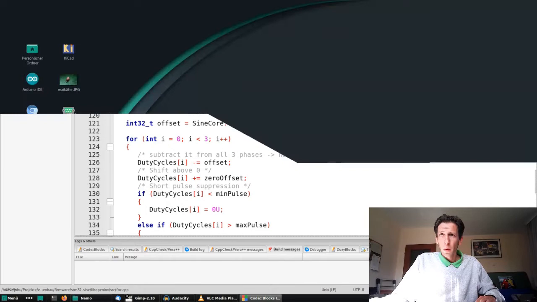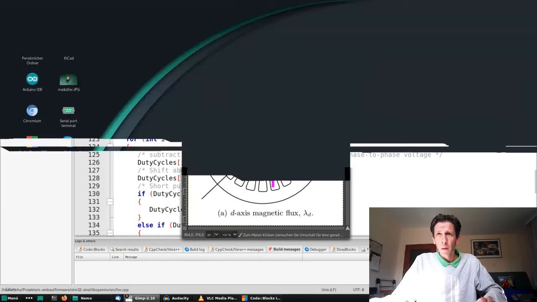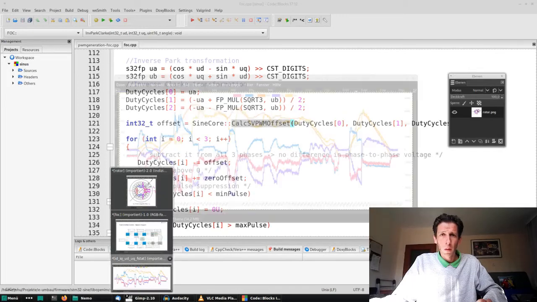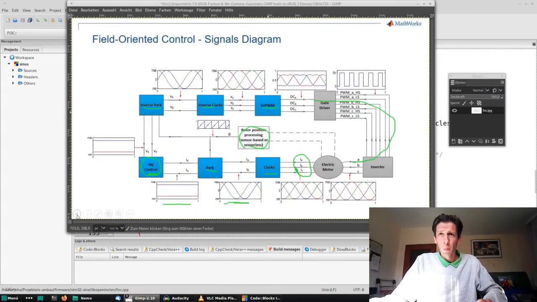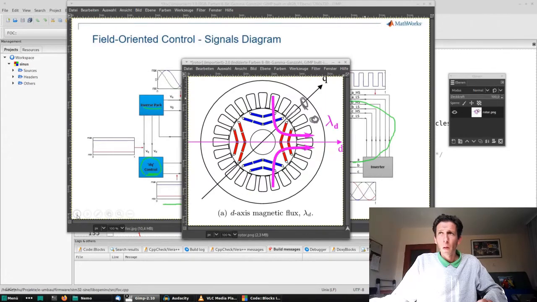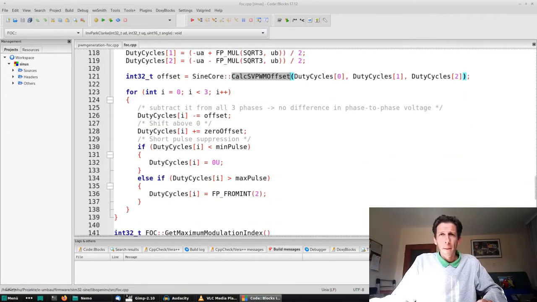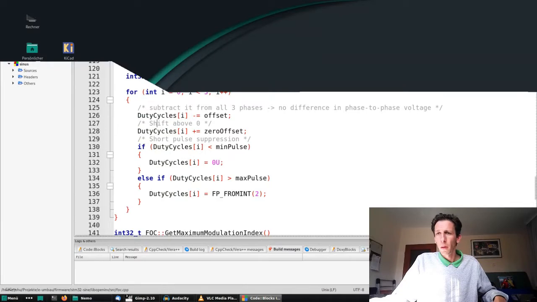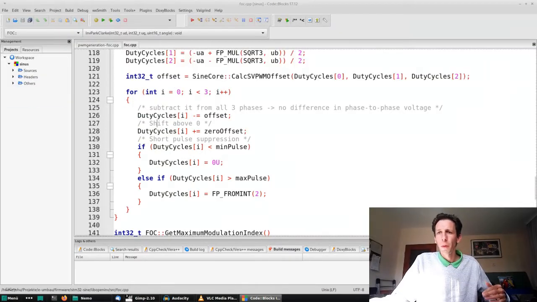Yes, and with that we calculate the space vector thingy. Sorry for the mess. So this part right here, and you can see this gives us some extra amplitude, usable amplitude up here. Yeah, and we calculate, this is actually old code, the same is done in the pure sine implementation.